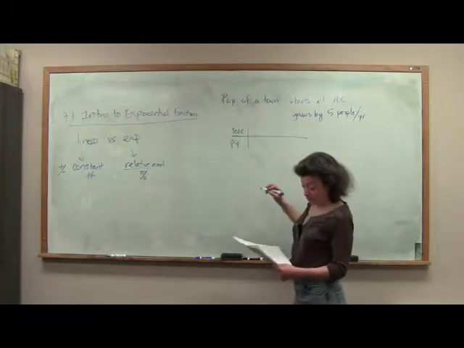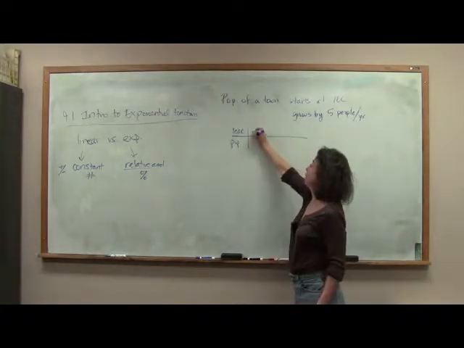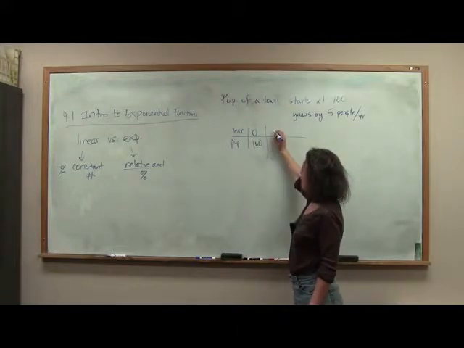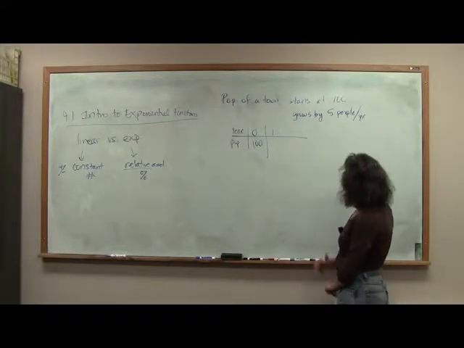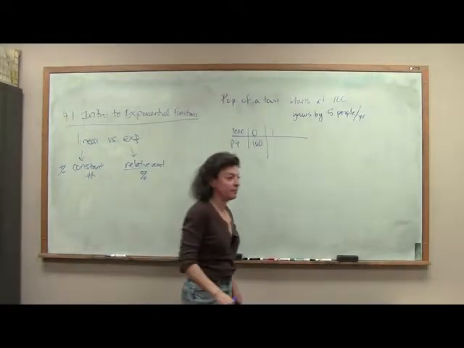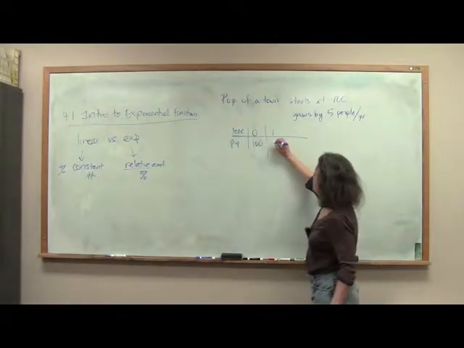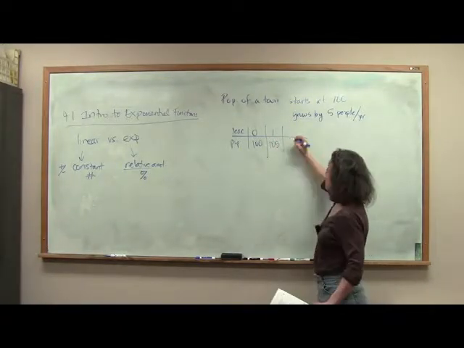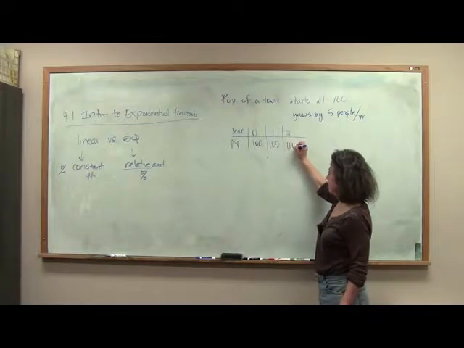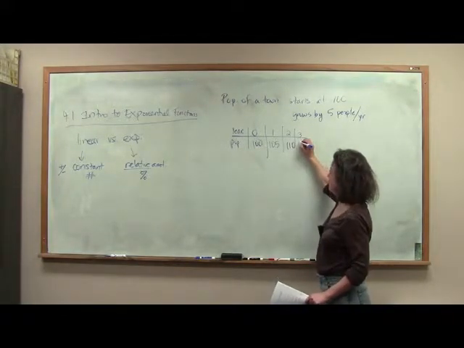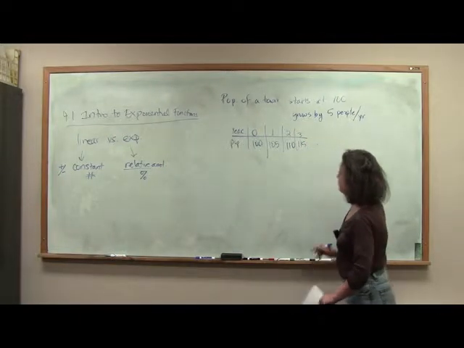Okay? Now, in year 0, in other words, initially, you've got 100 people. 1 year later, well, notice it's growing by a constant number. It's growing by 5 people per year. So I know 1 year later, there's 105 people. 2 years later, there's going to be 110 people, etc. Right? 3 years later, 115.